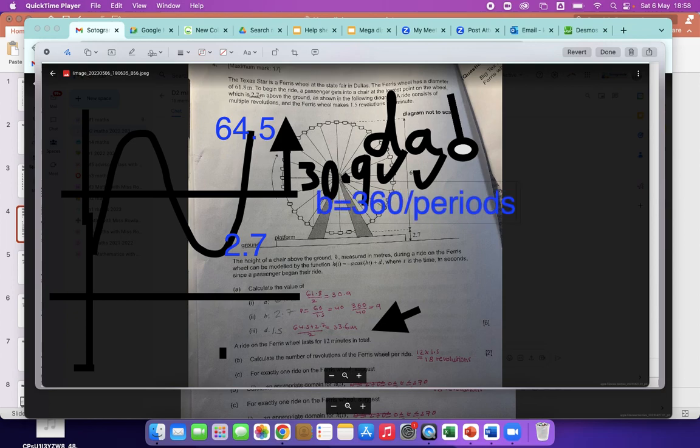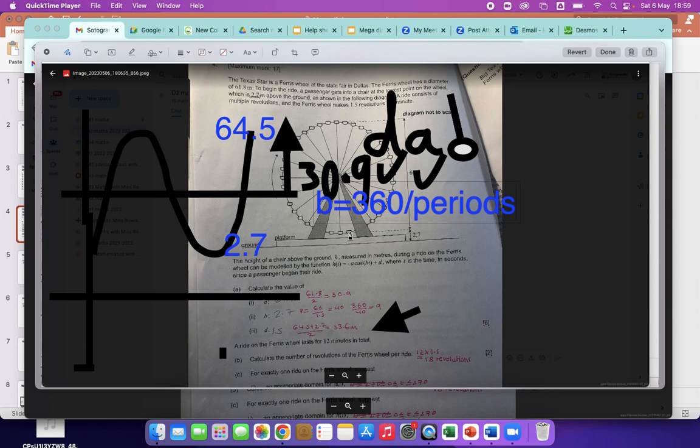Now this is a little bit of a complicated question, because we have got this function in terms of time. So we're going to say that within 1.5 minutes, we're going to have a total of 1.5 revolutions. So what we need to decide is how this links to this part of the question.